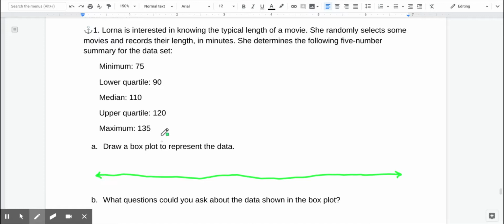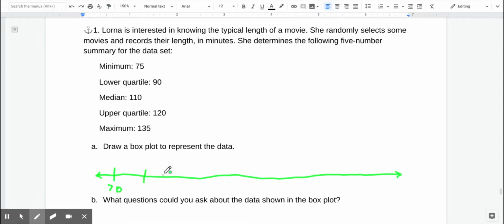And I see that I have anywhere from 75 to 135 on here. I'm going to go ahead and start here with 70, just so I have a point.